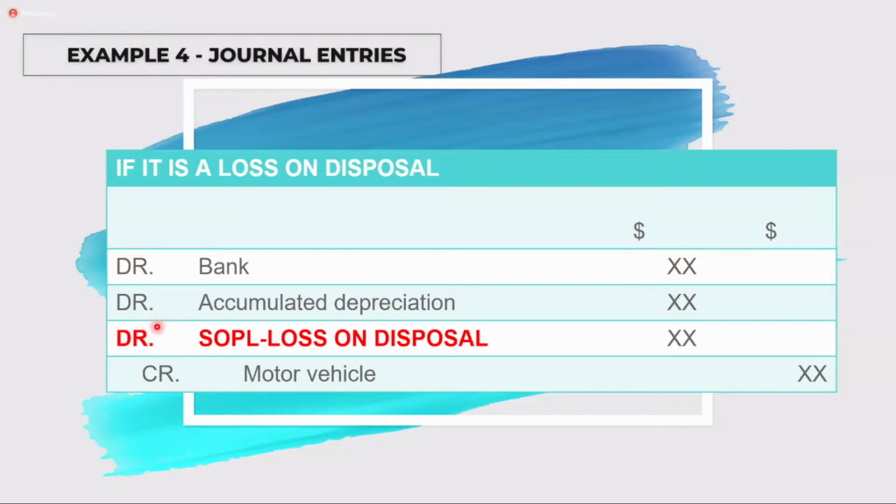Debit entry for loss on disposal. All other entries remain the same. Debit bank to increase the asset account, debit accumulated depreciation to remove the accumulated depreciation of the disposal asset, and credit motor vehicle to remove the cost of the disposal asset.